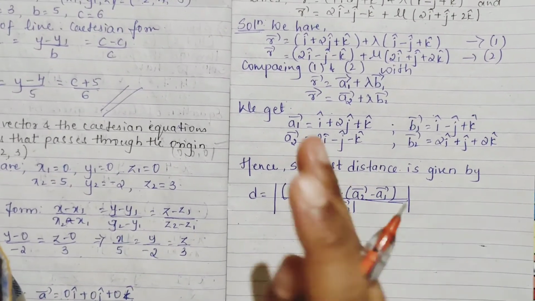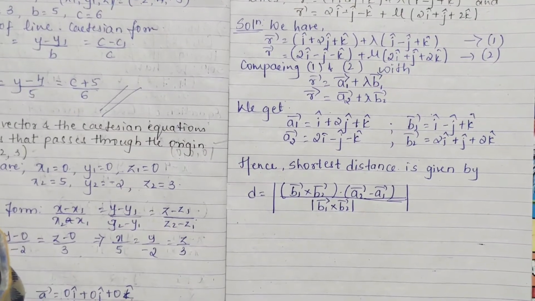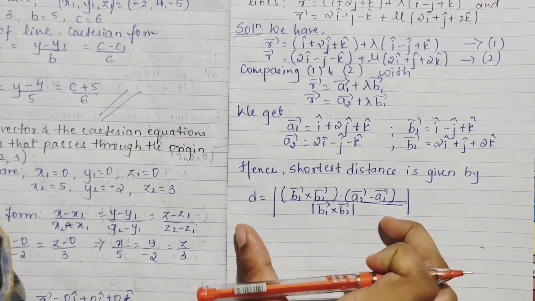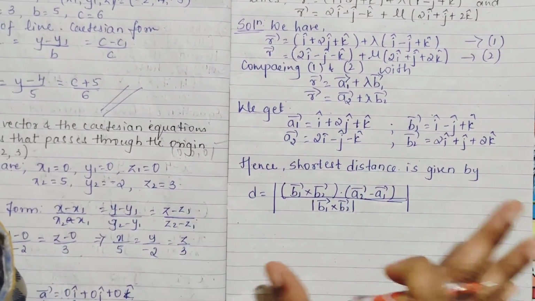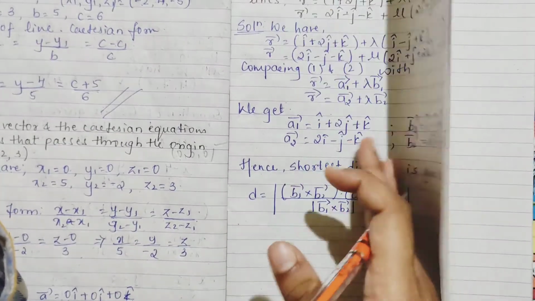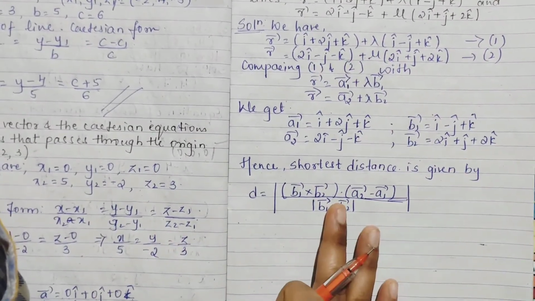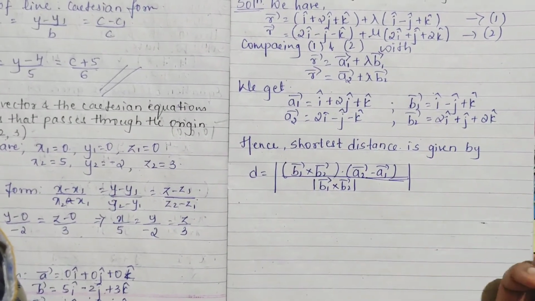I have said you can go either Cartesian or vector form. In the previous examples I took the Cartesian form; in this one I will show you the vector form also. It is not like you have to go with this form only. When they have not mentioned, you can go anyhow. I am just showing you so that it will be clear.